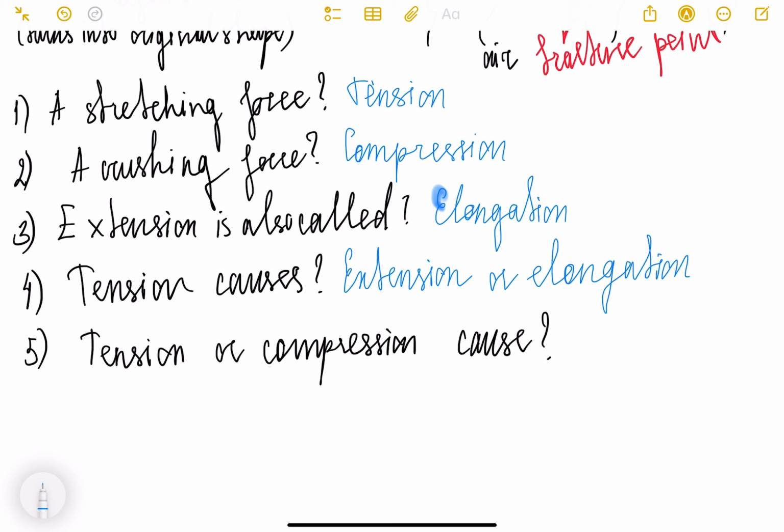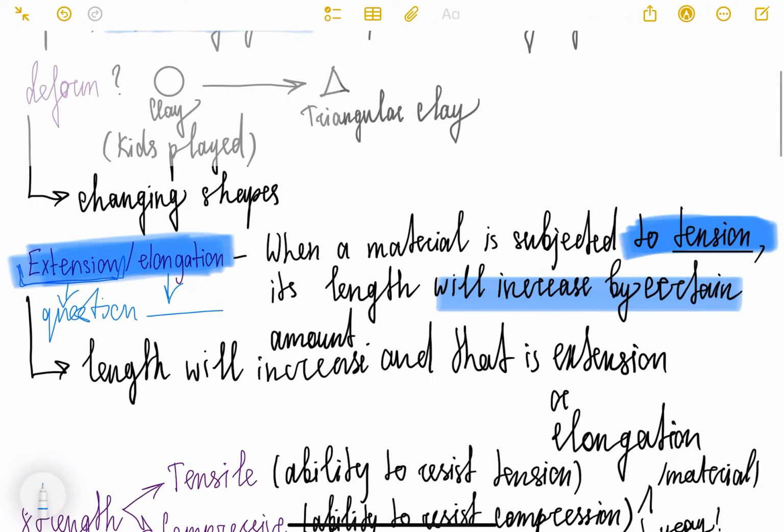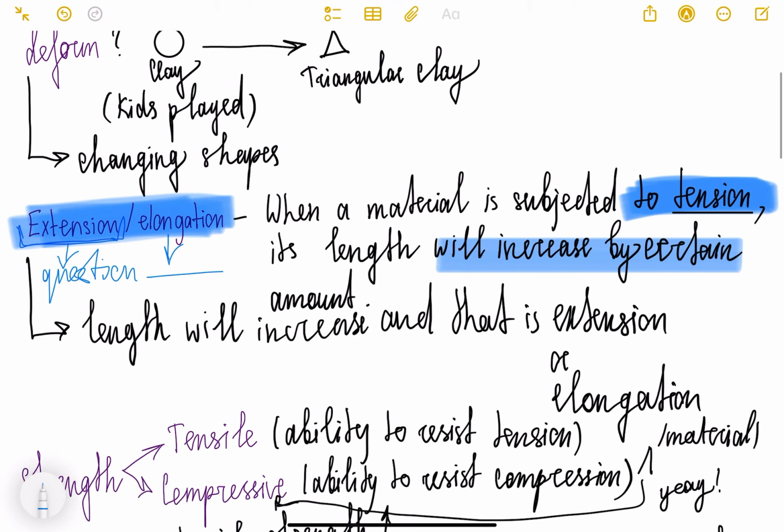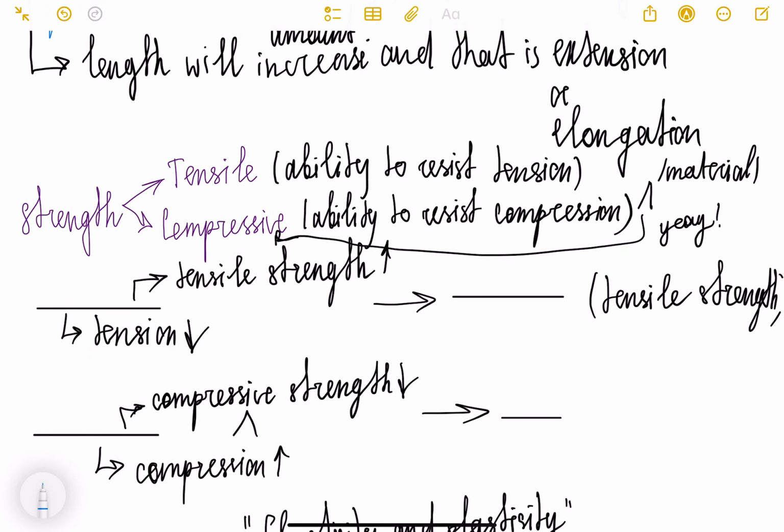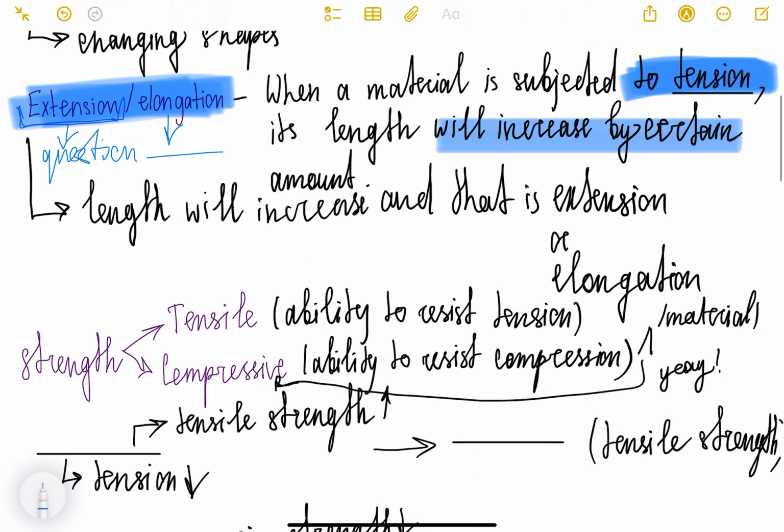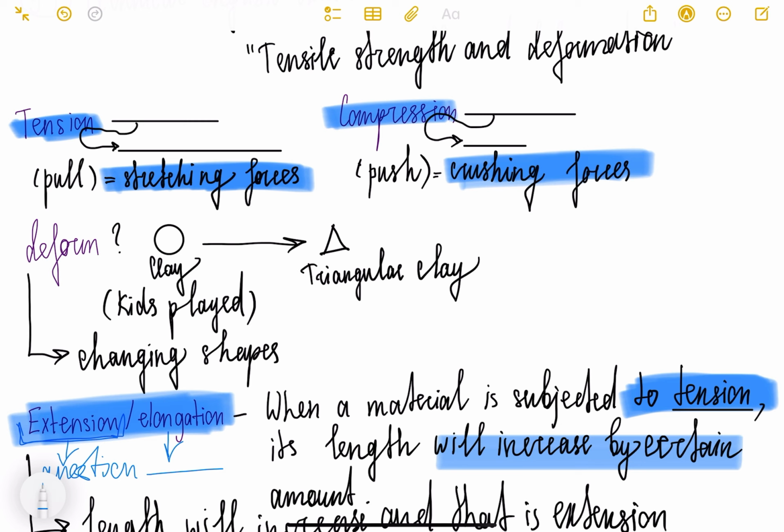So the last question: tension or compression causes. We talked about it very early, by the way. Yeah, deform. Here it is. Deform. I talked about circle clay turning into triangular clay, because it's changing shape because of tension or compression.